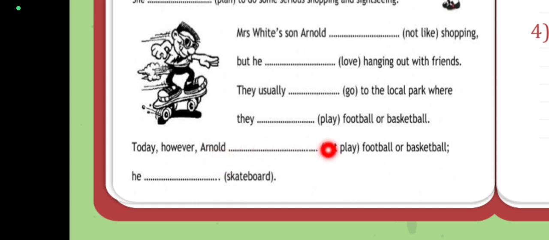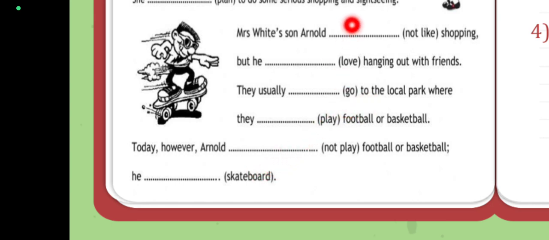Arnold is skateboarding because today, however, this is not the thing that is habitual. This is temporary, okay? Only for today. So this is why we use present continuous for these two blanks.